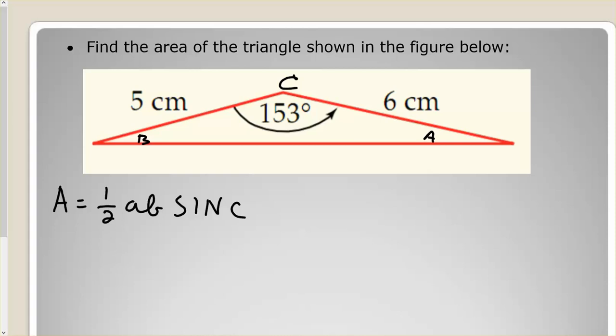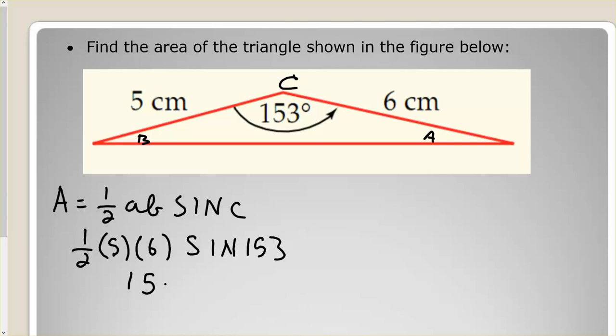So now what we're going to do is plug in 1/2 times 5 times 6 times the sine of 153. Well, what's 5 times 6? That's 30. Half of 30 is 15, so your answer is 15 times the sine of 153.